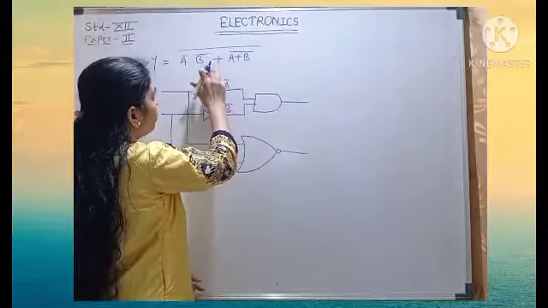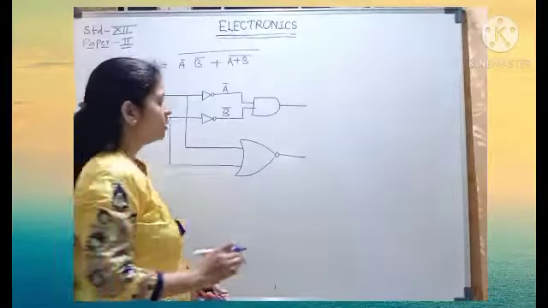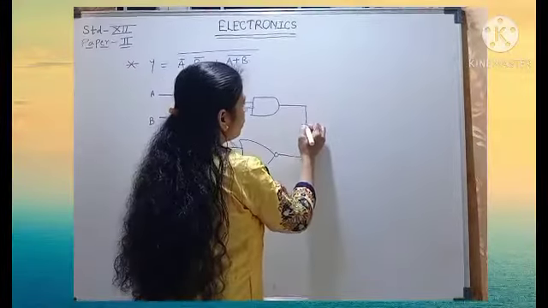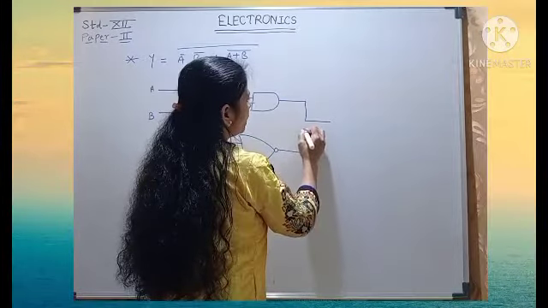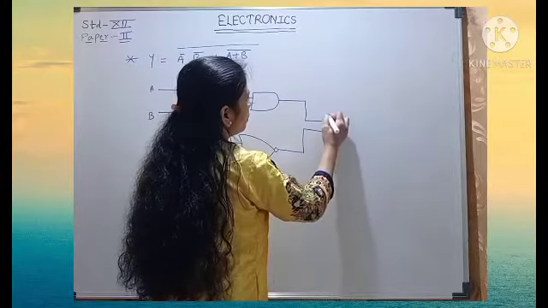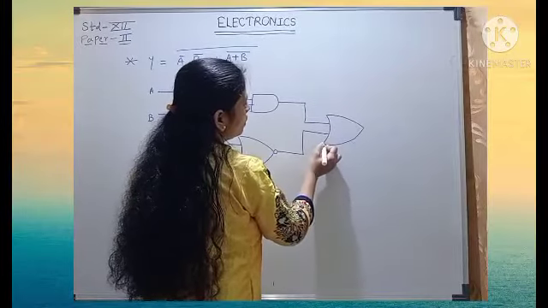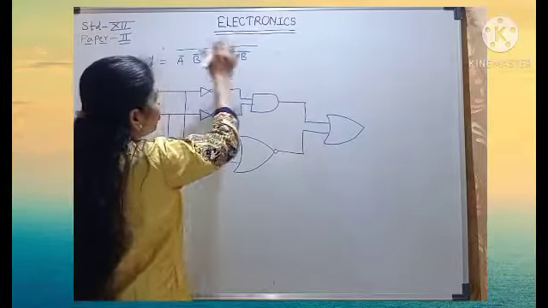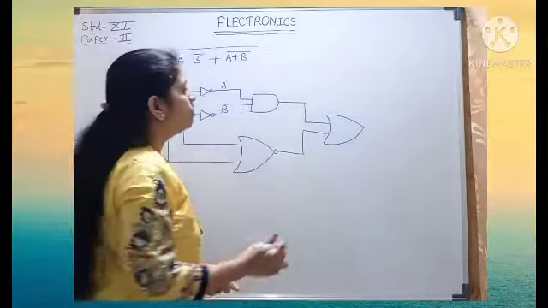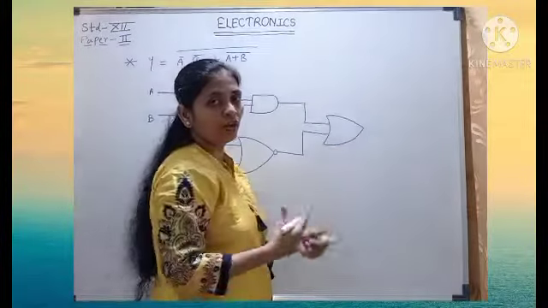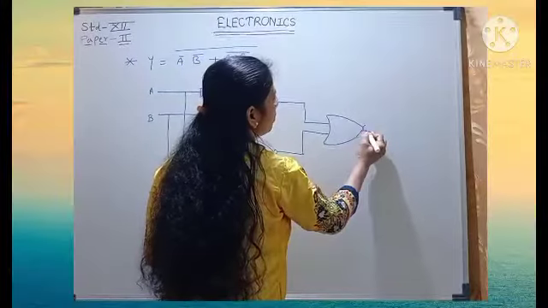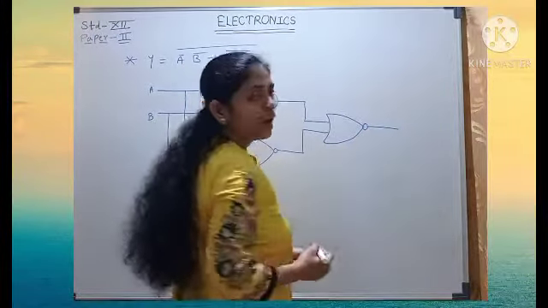We got this output. Now we got this A bar dot B bar here, (A plus B) bar here. Now we have to add this, means ORing this. So for ORing this we require one OR gate. So here we get one OR gate. Now this is whole complement. So for a whole complement you can add here one NOT gate or you can add here just a bubble. So we got here the output.